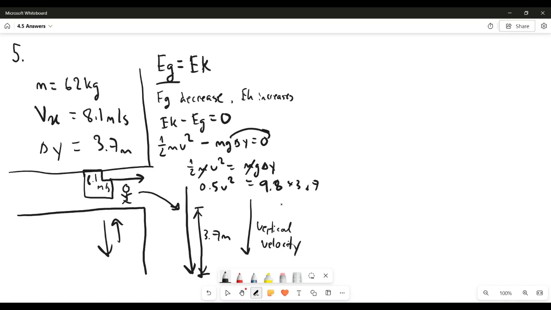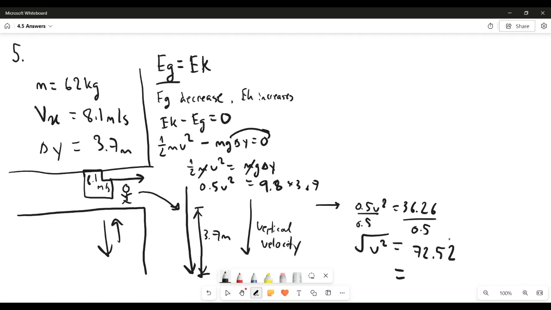So we're going to punch that into our calculator. 9.8 times 3.7. That gives us... we're going to divide both sides by 0.5. Like so.